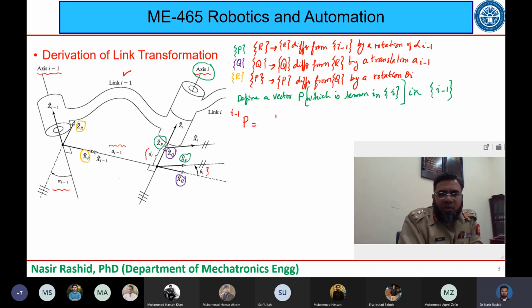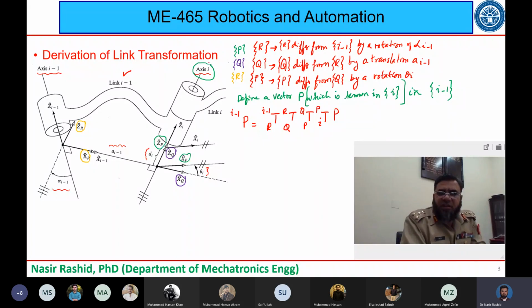This will be equal to the transformation R with respect to I minus 1, which I have translated from what was written above into this equation, multiplied by the transformation of Q with respect to R, then multiplied by the transformation of P with respect to Q, and then the transformation of I in P multiplied by the vector P.